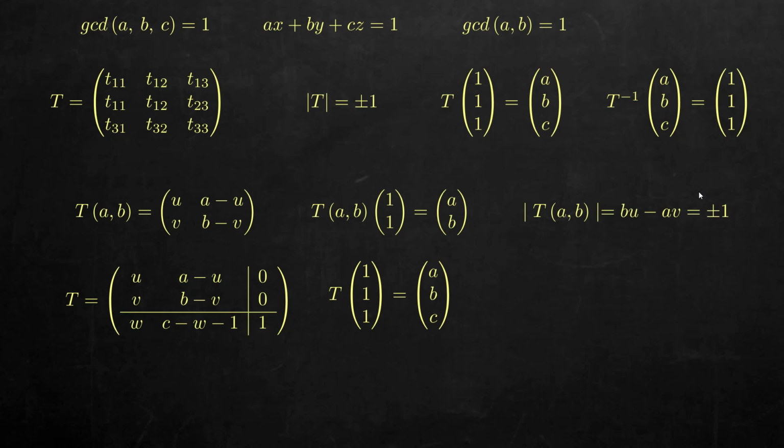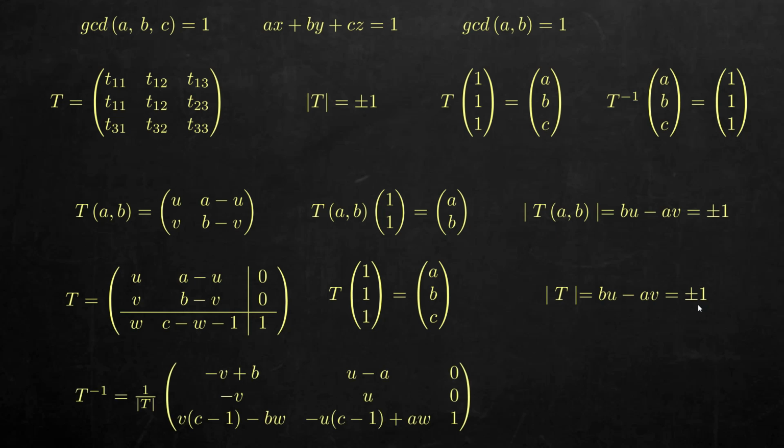And since the determinant of this matrix is the determinant of this upper left block times the determinant of this bottom right corner, the determinant of this matrix will also be plus or minus 1.